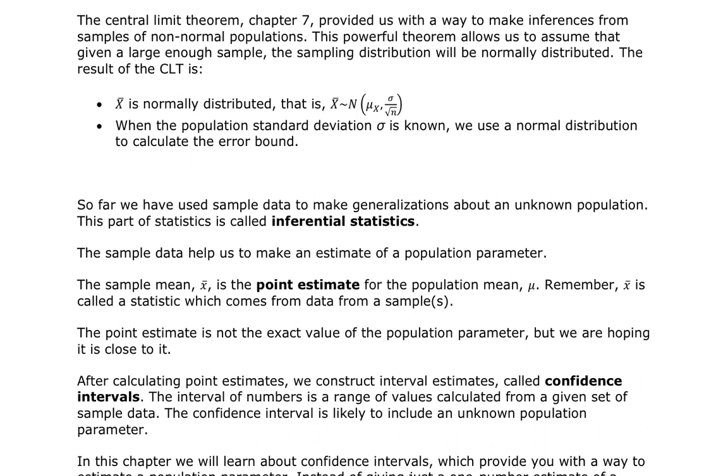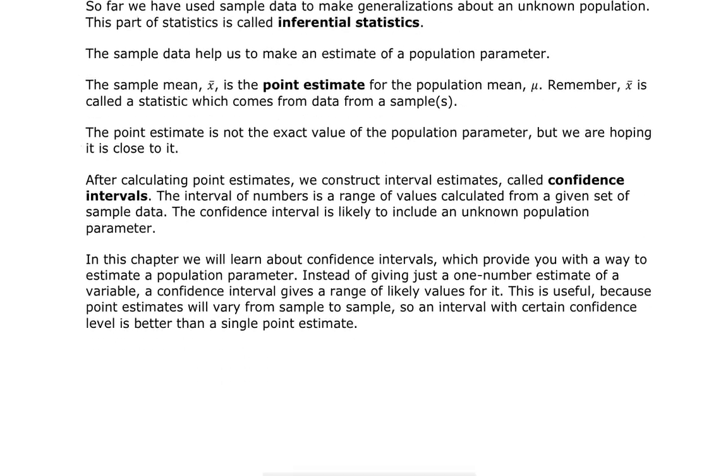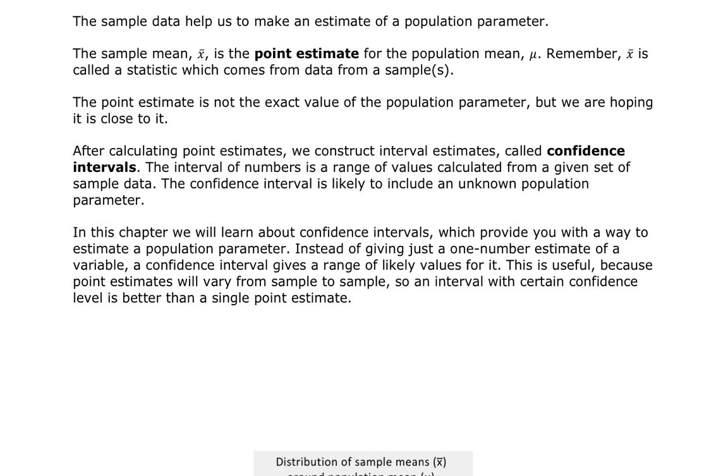The confidence interval is likely, fingers crossed, to include the unknown population parameter that we are chasing. In this chapter, we learn about confidence intervals in general, which provides you with a way of estimating population parameters, because it is highly unlikely, like probability of 0, that your sample statistic is going to match the population parameter.